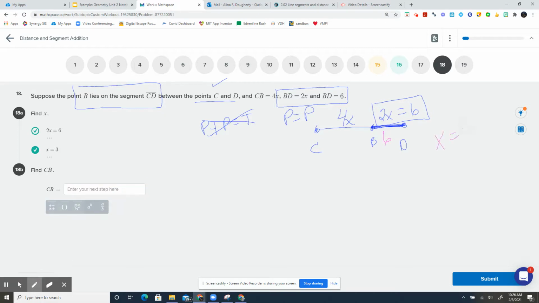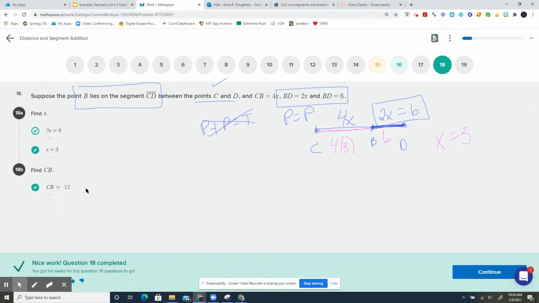And x equals 3. And it wants to know CB. So CB is this distance. So 4 times 3 is 12. So notice when I wrote that equation, I've got that partial correct check mark, but I want that full correct check mark, right? It's probably going to make this one yellow as well.